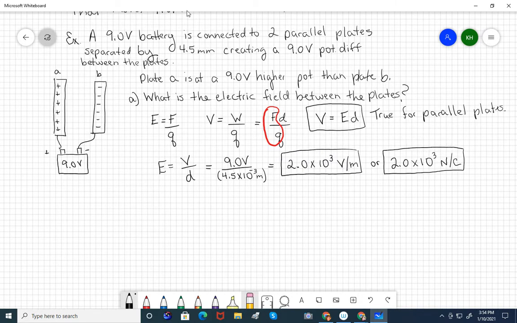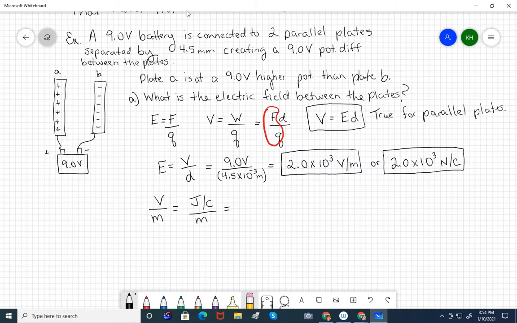Turns out that a volt per meter and a newton per coulomb are mathematically the same thing. I can prove that if we want to. Let's think what a volt per meter is. I already said that volts are joules per coulomb, per meter.